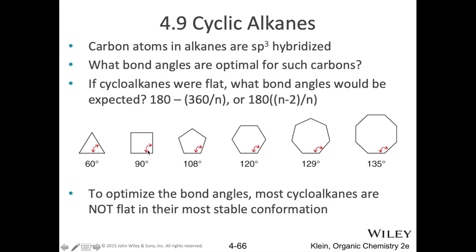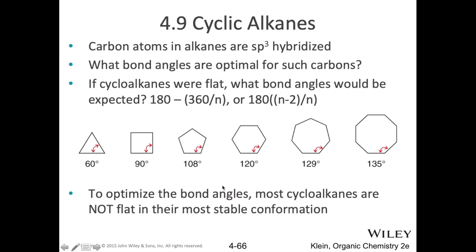Likewise, here we have cyclobutane, which is a square, so you would think it wants a 90-degree angle. Some of these molecules get around this ring strain by not being flat. We get a puckered structure, and that helps alleviate some of this ring strain.